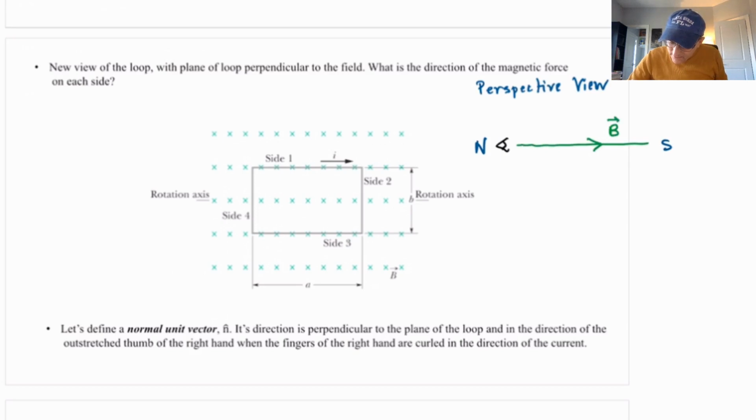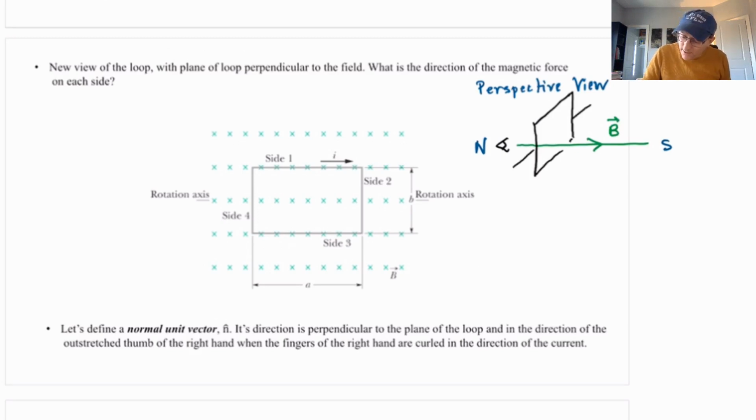And in that field, here is our structure, our loop. Here's the axis of rotation, right in the middle, here and here.